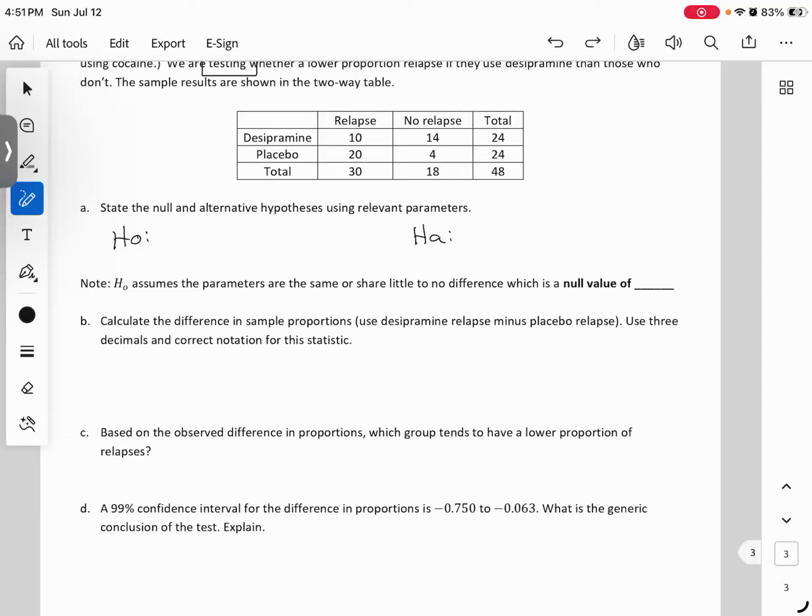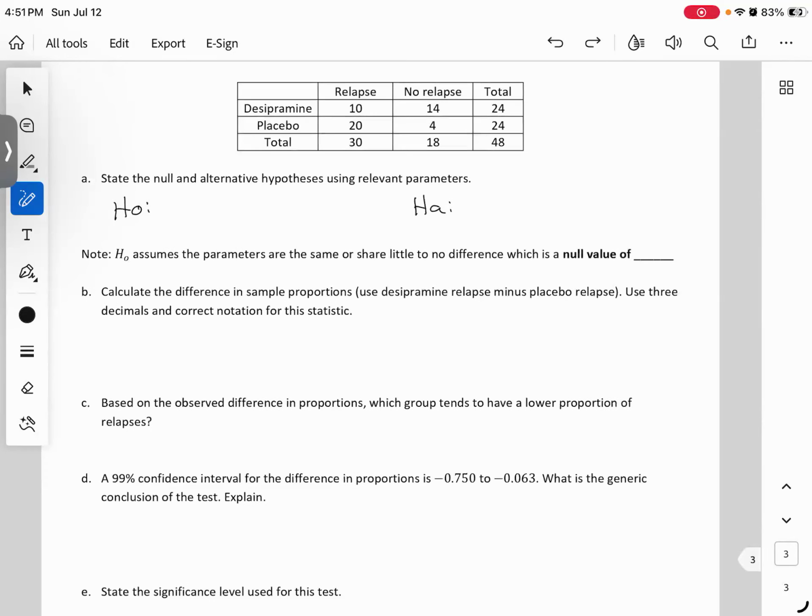But what you do need, I want you to take those and build your fractions down here and go ahead and subtract so that you can get your statistic. 3 decimal places will work.